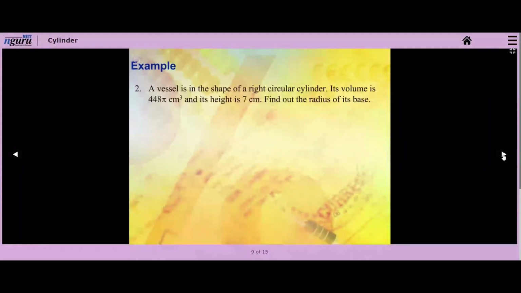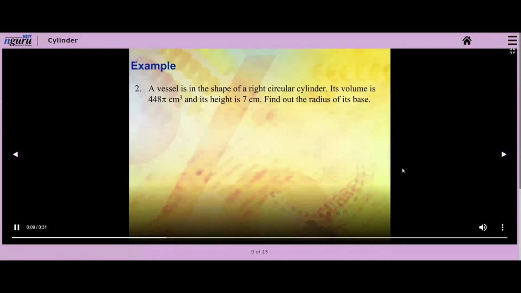A vessel is in the shape of a right circular cylinder. Its volume is 448 pi cubic centimeters and its height is 7 centimeters. Find out the radius of its base. Do this. Ma'am, 8.